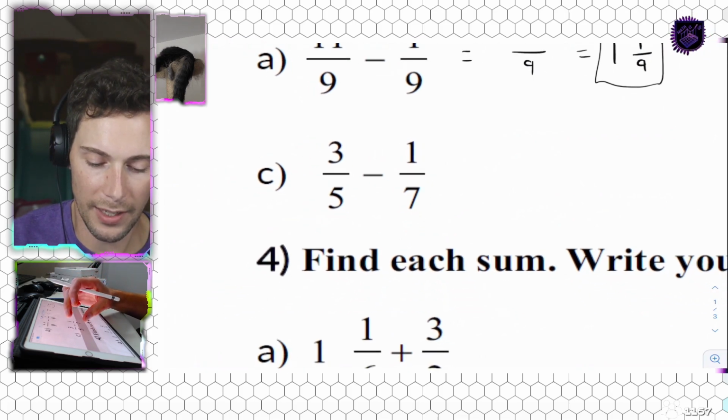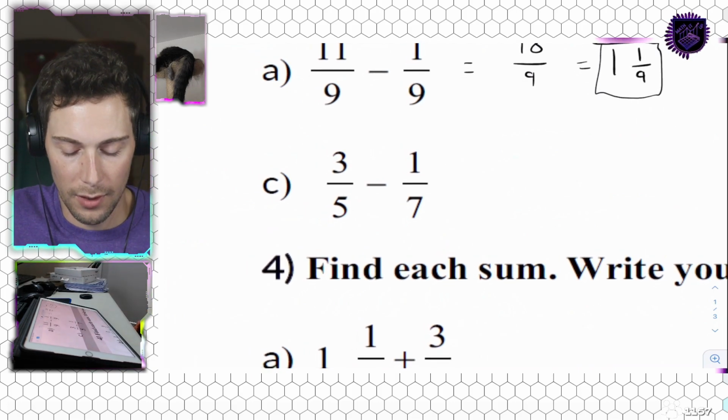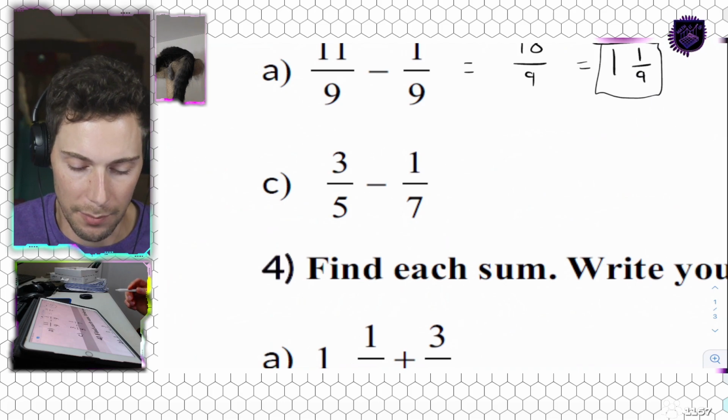Okay, so 5 and 7 don't have a common factor. So we have to cross multiply here.